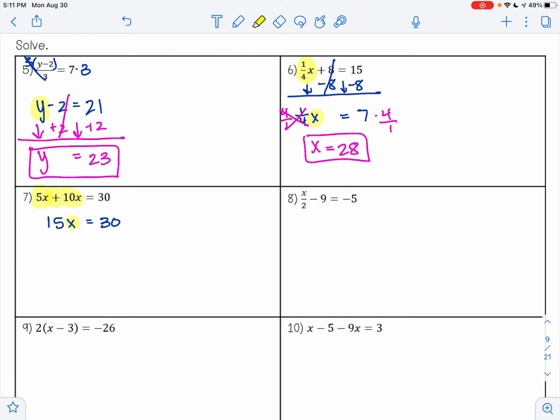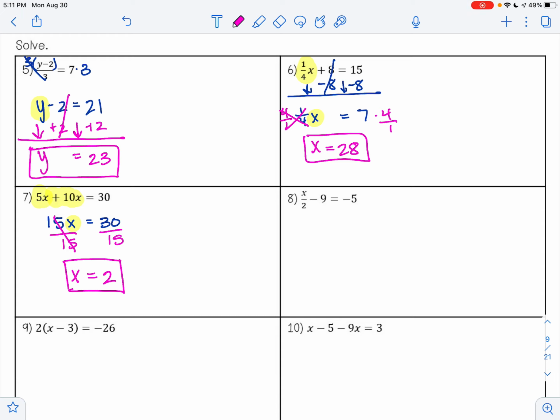We want to get x by itself. X is being multiplied by 15. To undo multiplication, I'm going to do division. 15 divided by 15 is 1, so that leaves me with 1x. 30 divided by 15 is 2. So my answer is x equals 2.